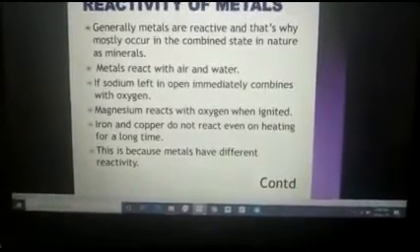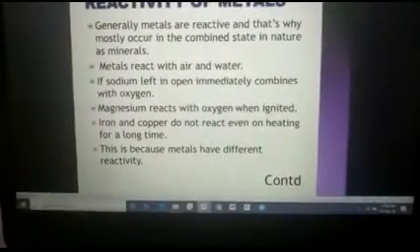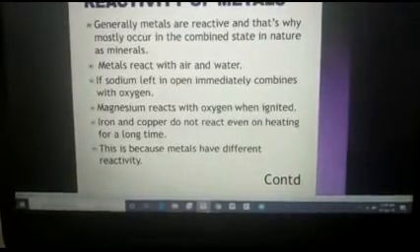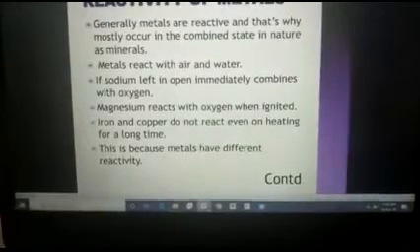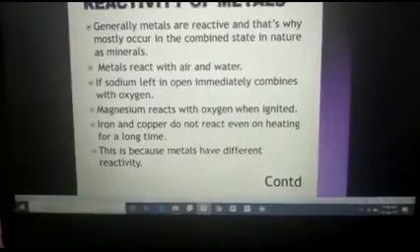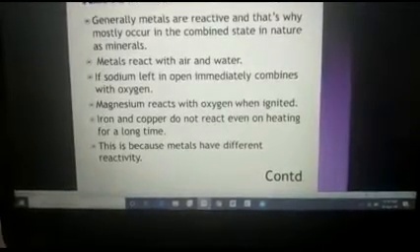Okay, after that, iron and copper. We are using these two metals in our day-to-day life. Iron is present at different places in our home. Copper, we are using copper utensils, copper wiring, etc. As they are less reactive, we can maintain these things. These things need less maintenance.